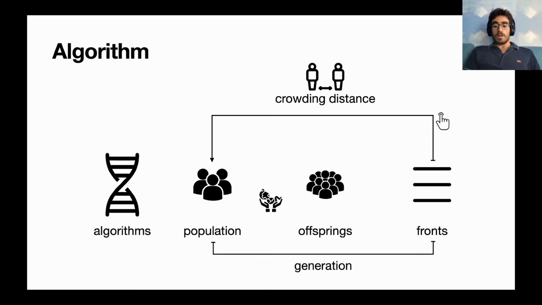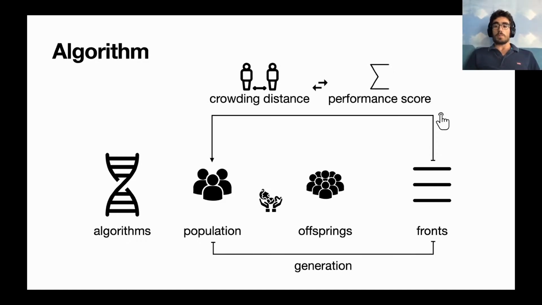In our implementation, we use performance score along with crowding distance. So we start with performance score as a metric to optimize, to sort individuals in a front. And as soon as we detect stagnation in the fitness function, in other words, the algorithm is not able to improve the code coverage anymore, we switch back to crowding distance to sort individuals in a front.